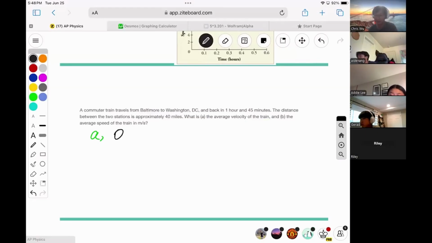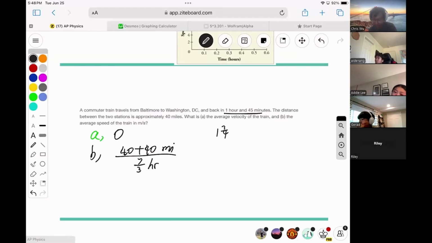That's right. And then for part B, we actually need to do some calculation because we did go there for 40 miles, and then we also come back for 40 miles. And on the bottom, 1 hour and 45 minutes is 1 3/4, right? So I can say this is 7 over 3 hours. That's 80 divided by 7 over 3, which is the same thing as 240 divided by 7 miles per hour, right?